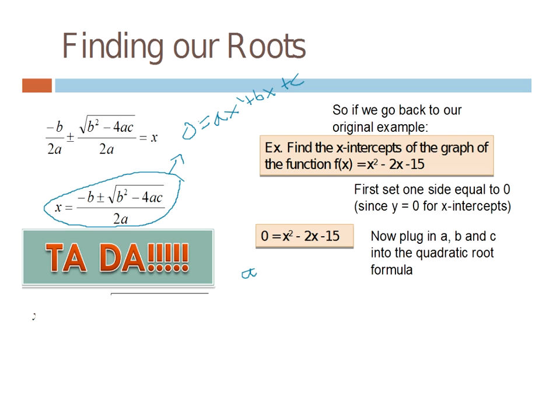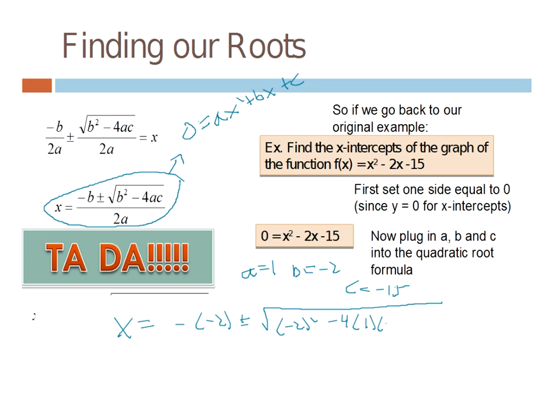I'll actually write this out. So a is 1, b is negative 2, and c is negative 15. So x equals minus b plus or minus the square root of b squared minus 4ac all over 2a.